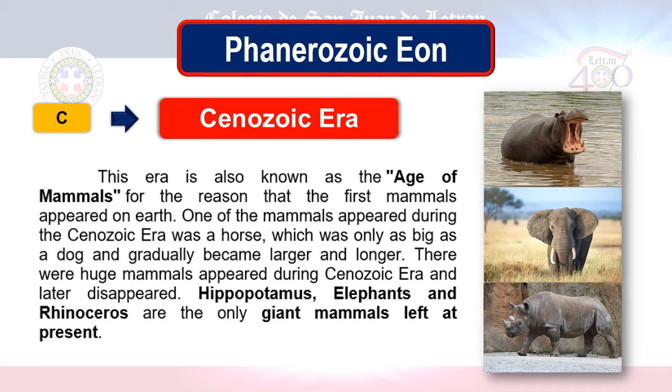The Cenozoic era began 65 million years ago with the extinction of the dinosaurs and continues into the present. The extinction of the dinosaurs at the end of the Mesozoic era opened up a vast new habitats and environments for early mammals and birds to adapt to and occupy. Hippopotamus, elephants, and rhinoceros are the only giant mammals left at present.